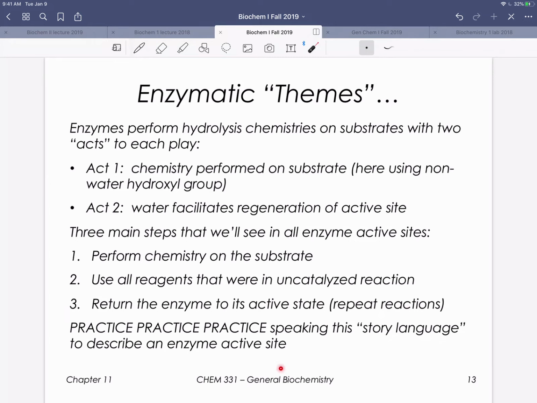So again, I encourage you, practice speaking this story language with the enzymes that we have to be able to describe an enzyme active site. There's a good chance on your exam that you'll see detailing the enzyme active site for one thing that you've seen, and then having to detail an enzyme active site that you haven't yet seen to show that you can apply these principles to a new situation.